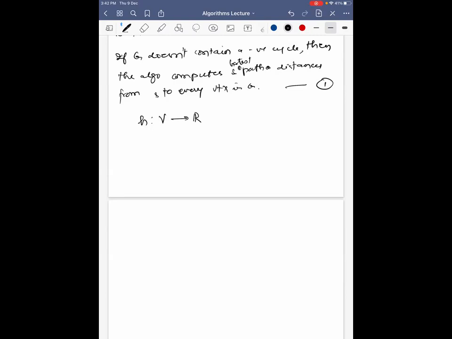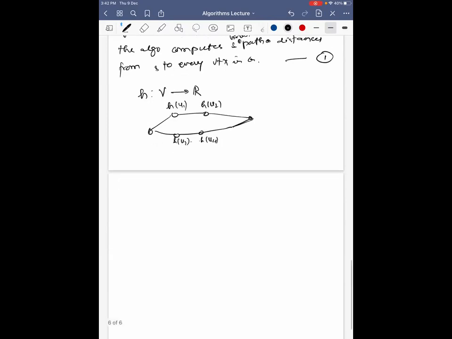We have this graph and some function h. We don't know what it is for the time being, but it is given to us: h(u1), h(u2), h(u3), and so on.